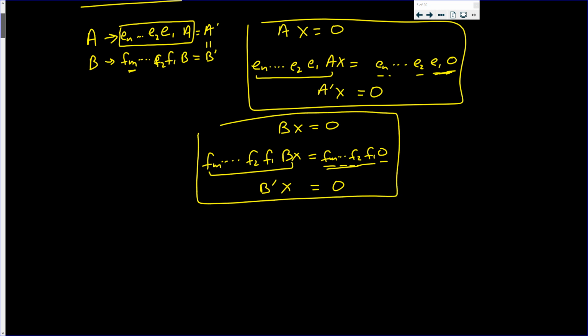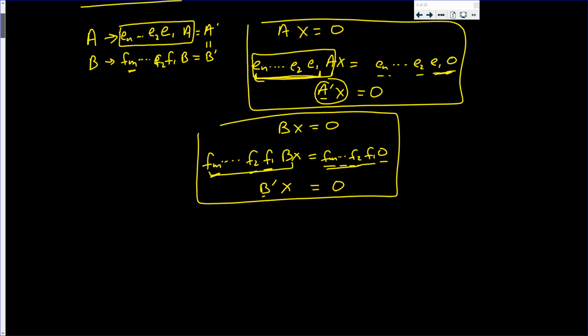Now, maybe I didn't say this, you multiply enough times by the E sub i's, so this is in row-reduced echelon form. That is, A prime is in row-reduced echelon form, and you multiply B on the left by these elementary matrices F, and you get B prime.